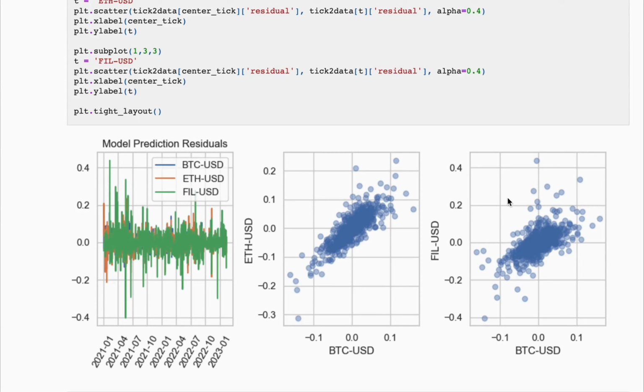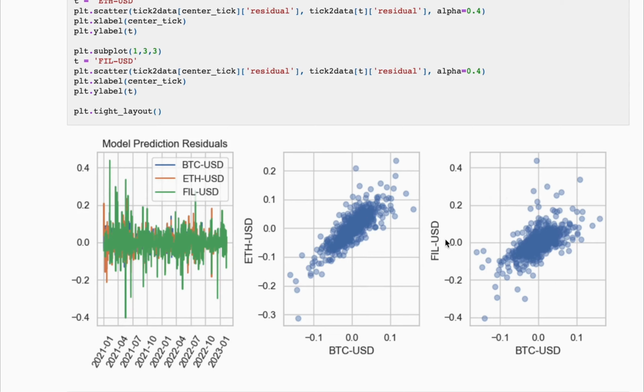This is actually a common practice when modeling time series data in statistics. So let's go back to try to understand what we're trying to do here. We're trying to capture the dependent structure between the returns of the various tokens that we're modeling. And so there are many ways to do that.